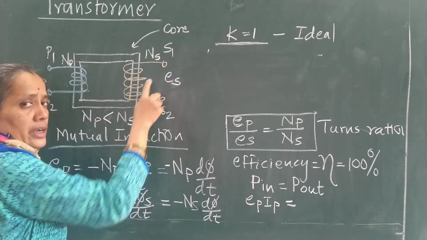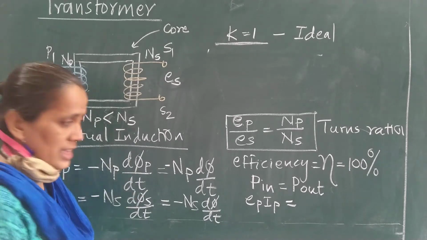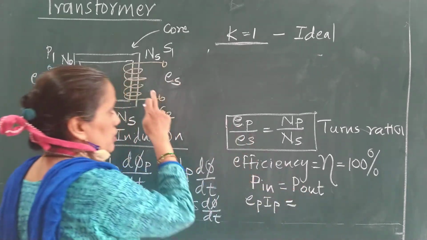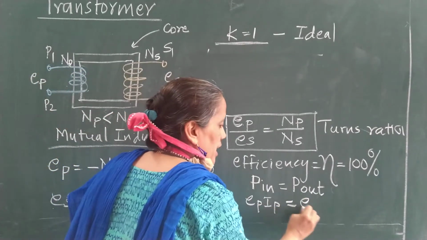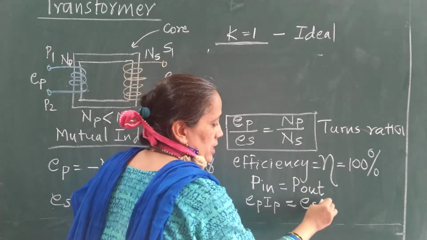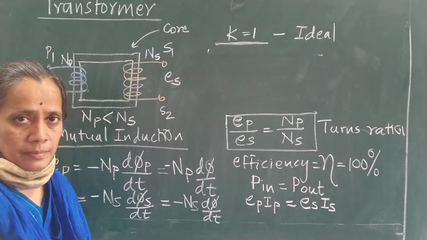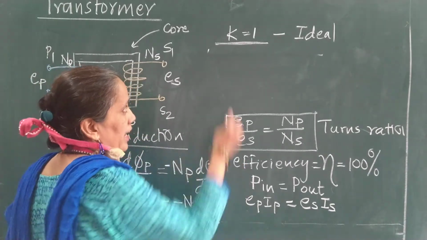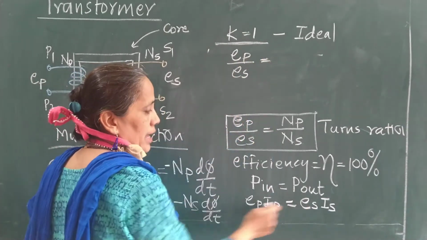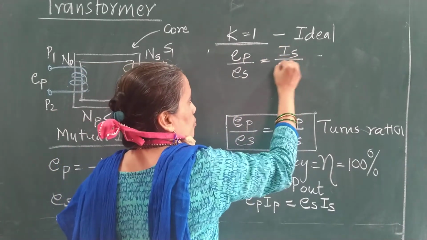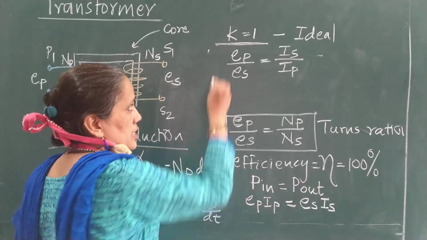Across the secondary coil, the induced EMF is ES and the induced current is IS. Therefore, the output power, which is the power generated across the secondary coil, can be written as the product of EMF across secondary into current across secondary. And if I write this, then I get the equation EP upon ES equals IS upon IP. That I am getting from the efficiency concept.